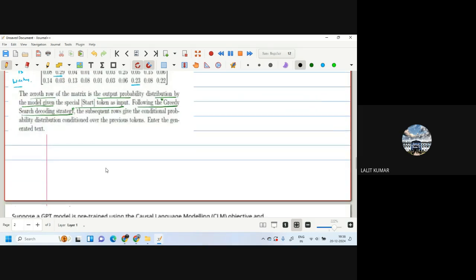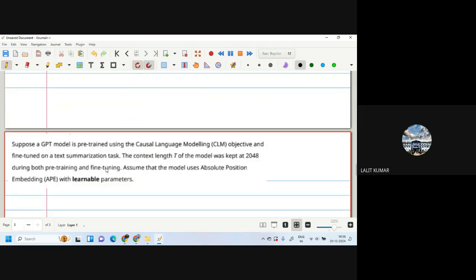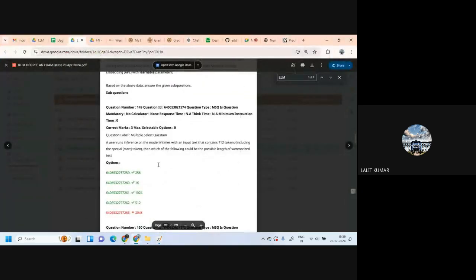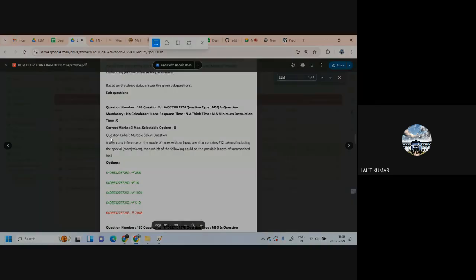Okay, next question: suppose a GPT model is pre-trained using the causal language modeling objective and fine-tuned on the summarization task. The context length T of the model was kept at 2048 during both pre-training and fine-tuning. Assume that the model uses absolute position embedding with learnable parameters.